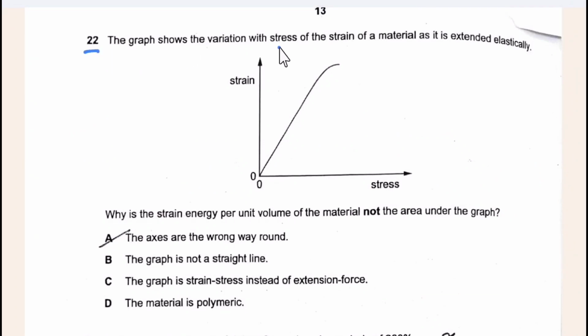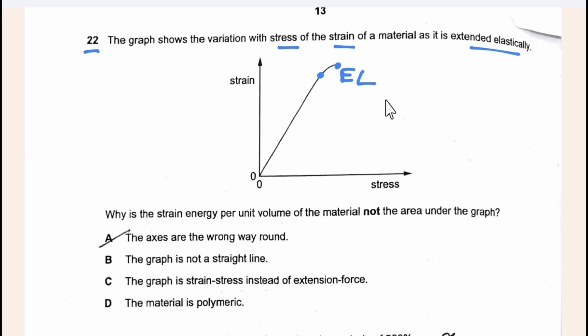Question number 22. The graph shows the variation of stress with strain of a material as it is stretched beyond elasticity. So this is the limit of proportionality and this is the elastic limit. Why is the strain energy per unit volume of the material not the area of the graph?